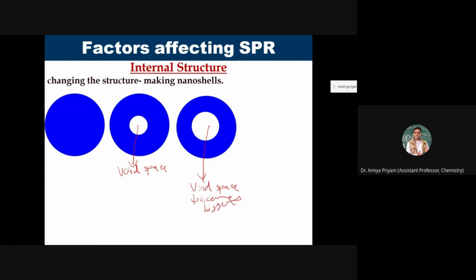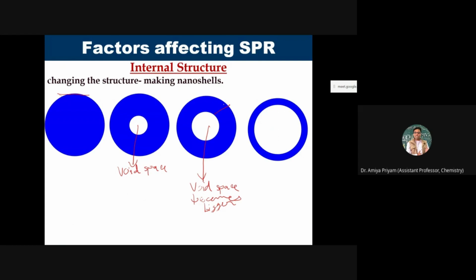So gradually you will see, as you make this void space bigger inside, keeping the outer diameter the same, we are making a nanoshell. If you take a spherical one and make it hollow from inside, it is a shell, and the void space is maximum as you make it.